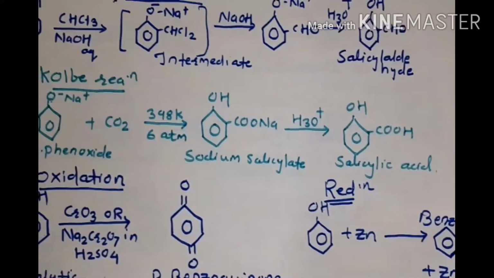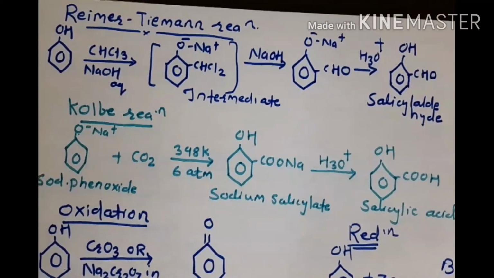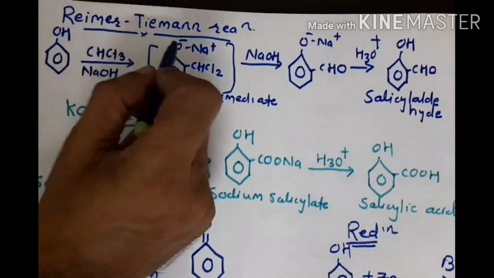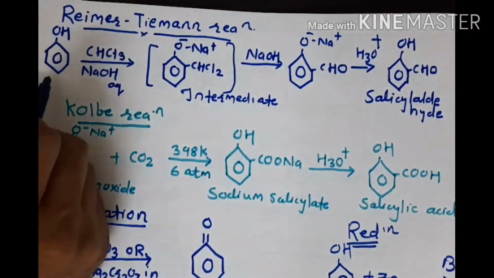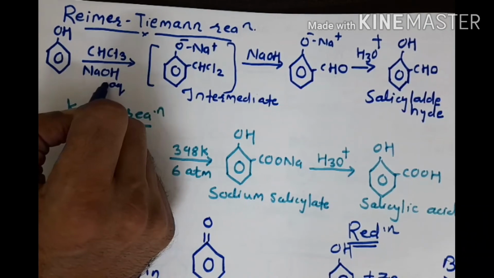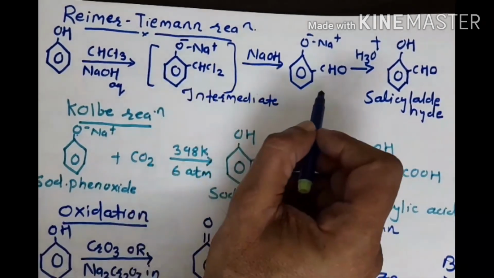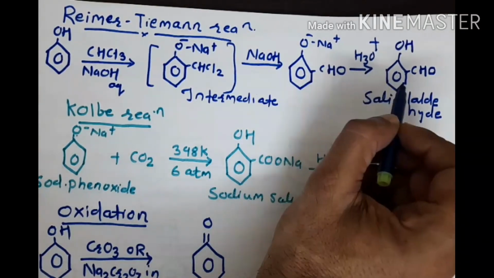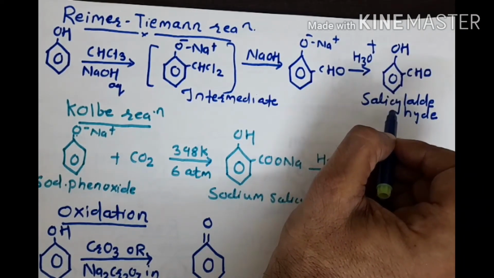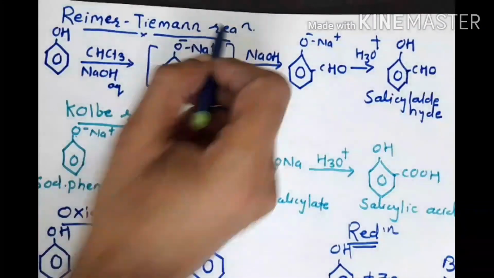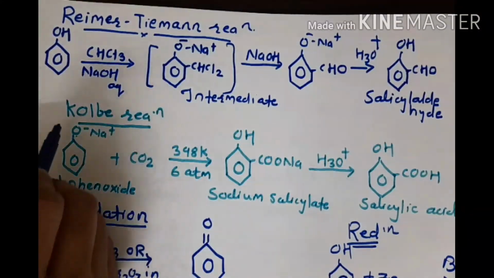Once again, a revision of today's lecture. First, in today's lecture, what did we discuss? The Reimer-Tiemann reaction. Phenol on reaction with chloroform in aqueous sodium hydroxide first forms an intermediate, which on further acid hydrolysis gets converted into salicylaldehyde. This is called the Reimer-Tiemann reaction. Then next, the Kolbe reaction.